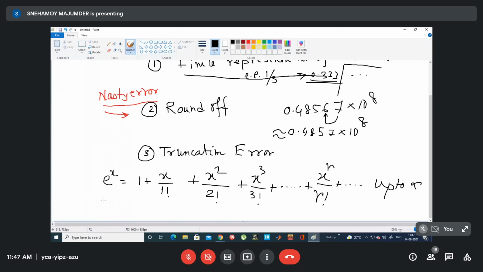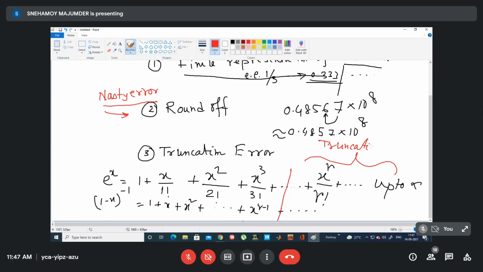Or say (1 minus x) to the power minus 1, which is 1 plus x plus x squared plus ... plus x^(r-1) plus ... up to infinity. In that case, you cannot write all the terms. You have to truncate at some place. So this is basically truncation error.